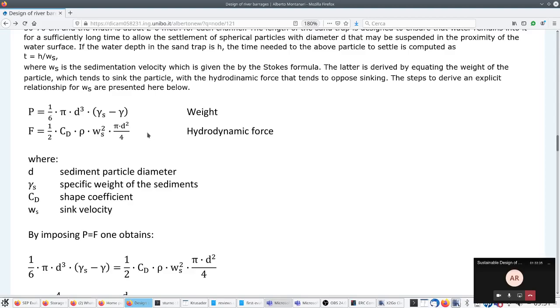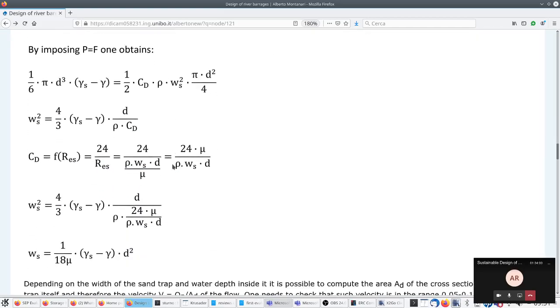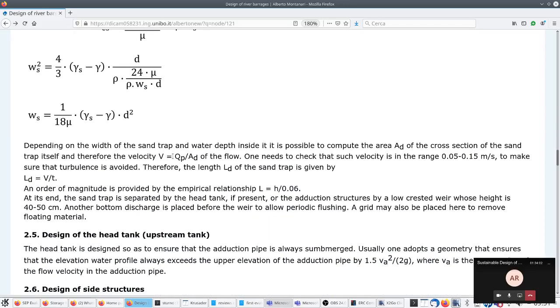If you equate the weight force to the hydrodynamic force, then you obtain the limiting velocity. For increasing velocity of sedimentation, you have an increase of the hydrodynamic force, and therefore there is a velocity such that an equilibrium is reached. And we estimated this velocity Ws with Stokes' formula, which ends up with this final outcome.